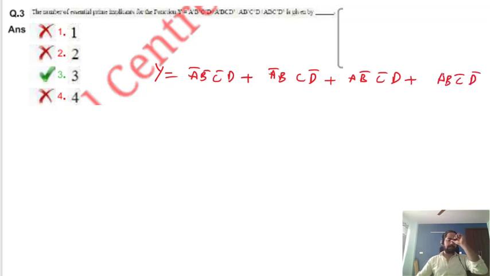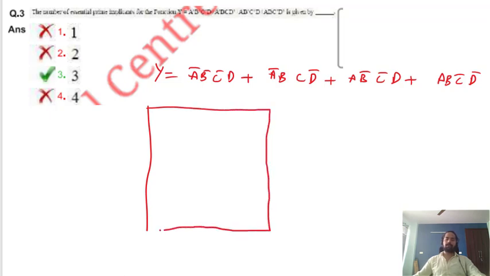Now to find the number of EPI, that is the essential prime implicants, we have to draw the K map. As it is a 4 variable K map, the total number of cells will be 16, since 2 to the power 4 is 16.